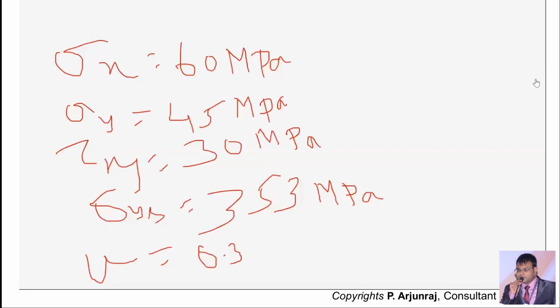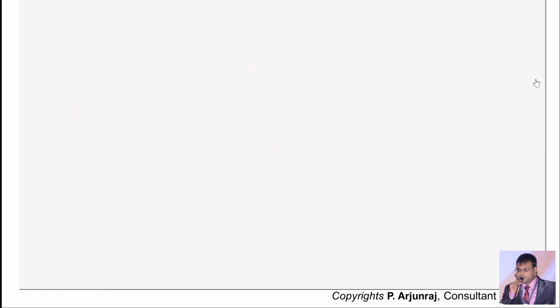I also told that the maximum principal stress theory is also called the Rankine theory, and the formula for that is... Okay, I think the next page is not coming, so I think every time I have to erase.